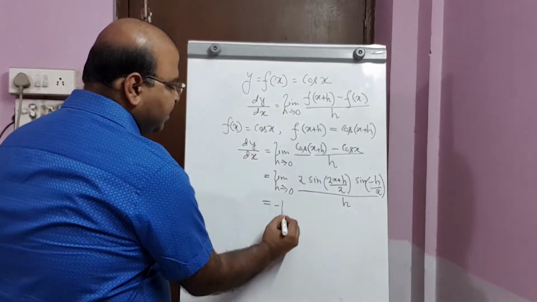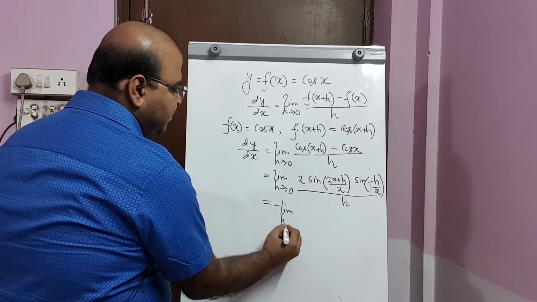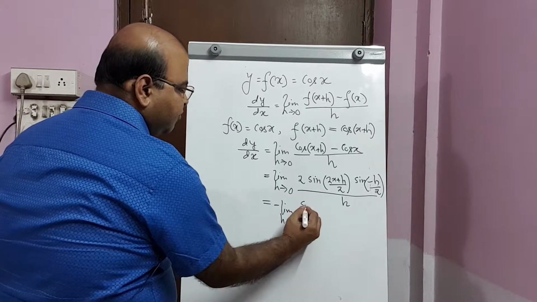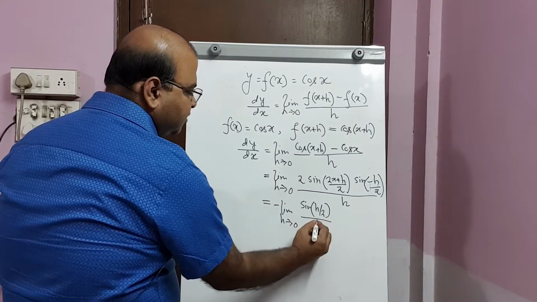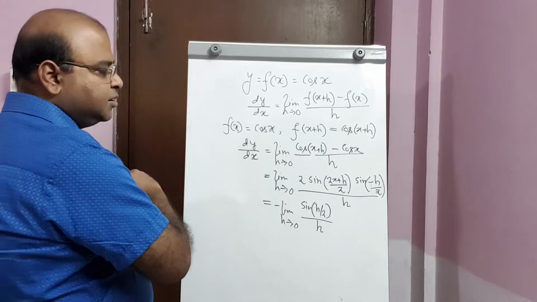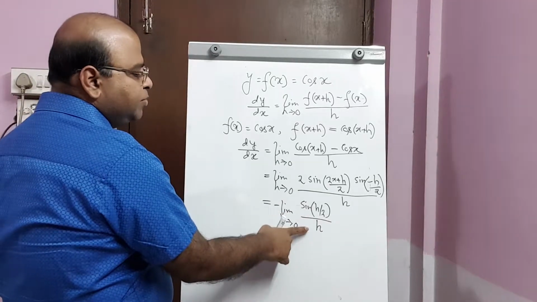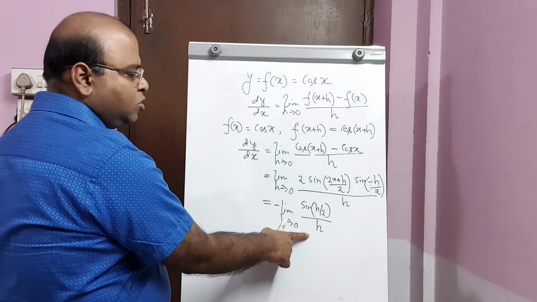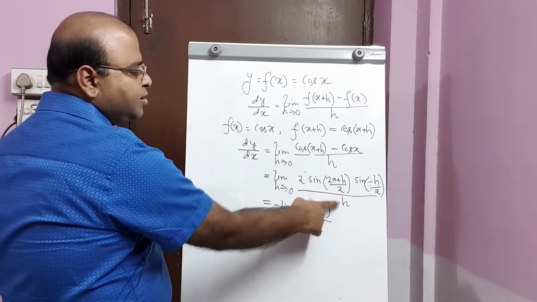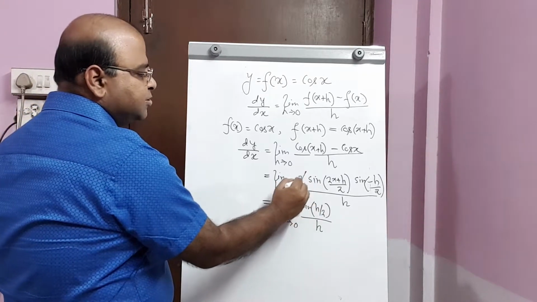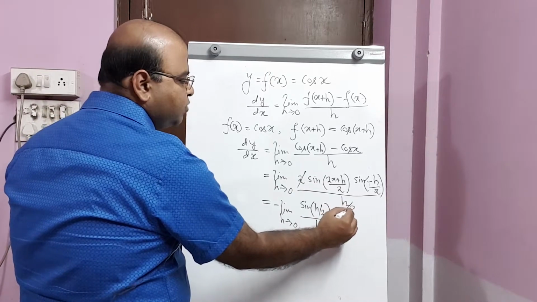So this becomes minus of limit h tends to 0. We can group sine(h by 2) by h in one bracket, and also we divide the numerator and denominator by 2. So as a result, these two get cancelled, and we have h by 2 here.